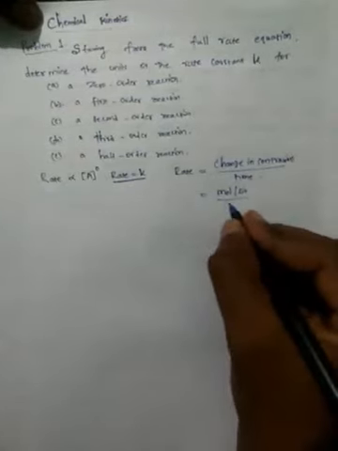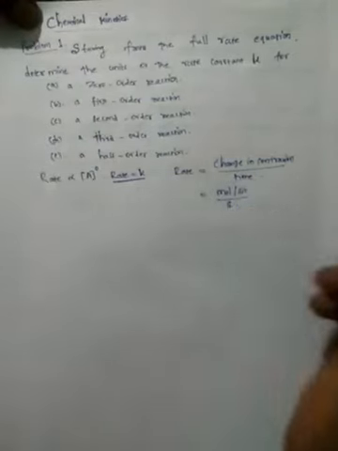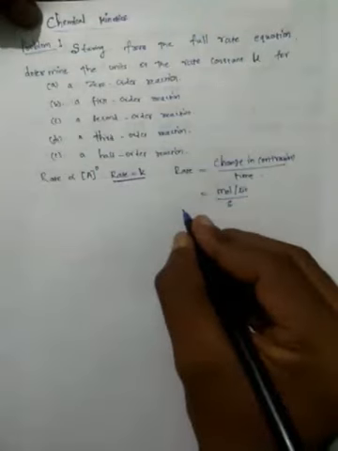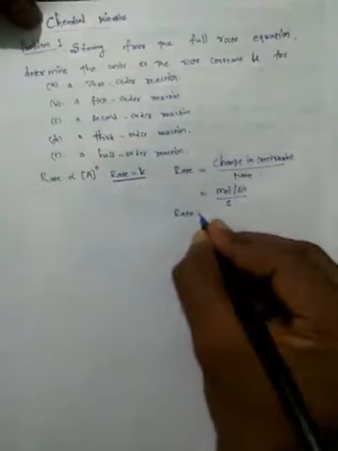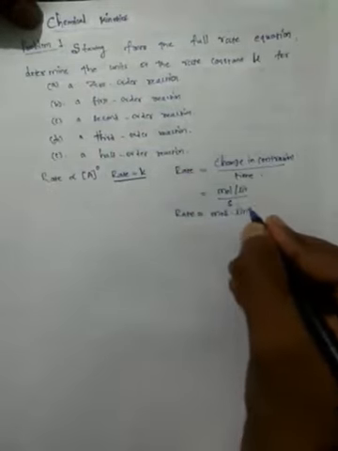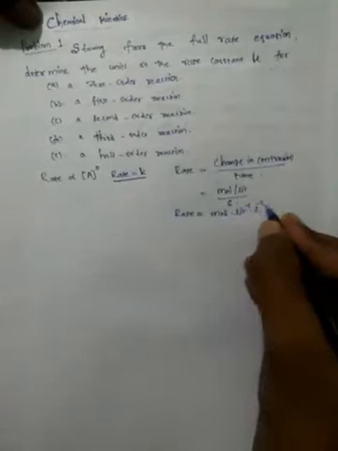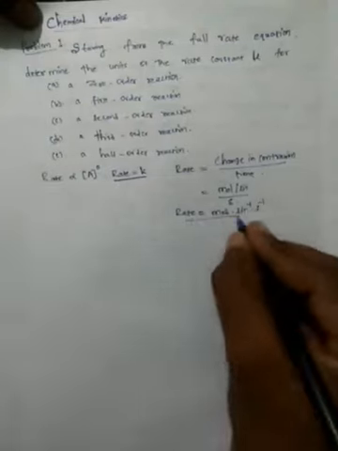Time is second or minute. Let me take second. Therefore, rate equals mole per liter per second, or mole per liter and second inverse. This is the unit of rate.